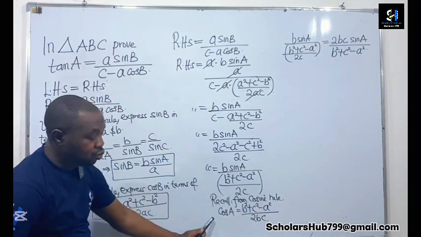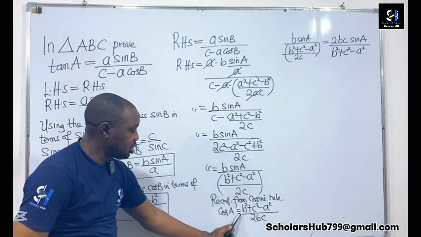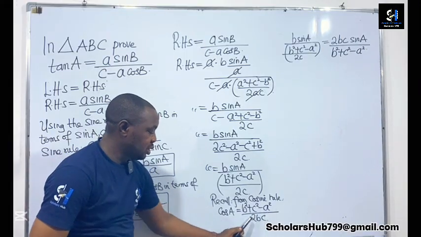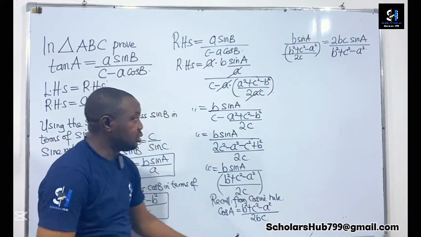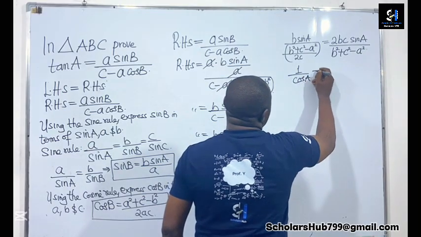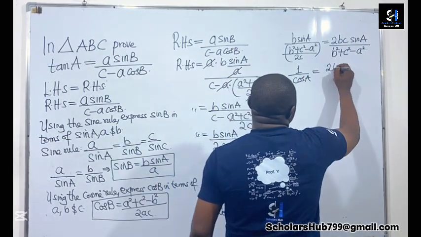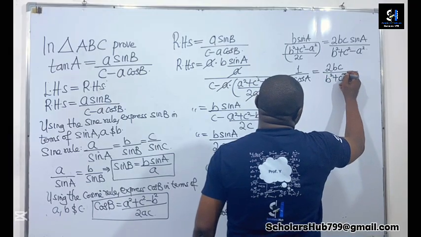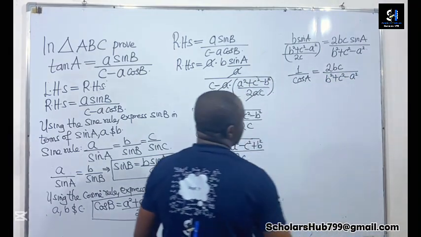Now, let's come back to what we have here. cos A is equal to b squared plus c squared minus a squared divided by 2bc, which means that 1 over cos A will be equal to 2bc divided by b squared plus c squared minus a squared.